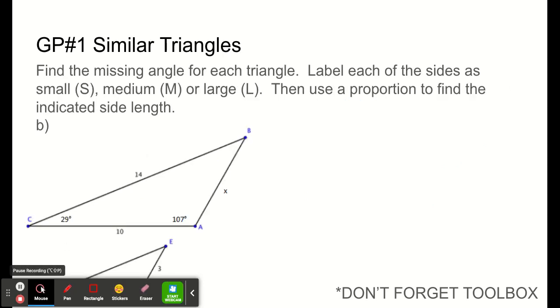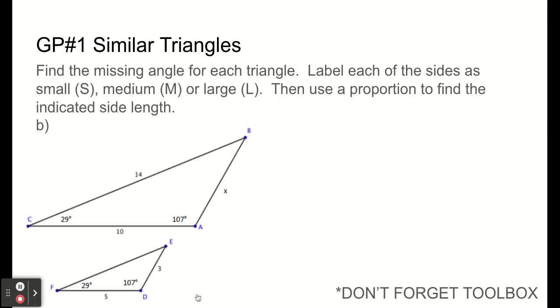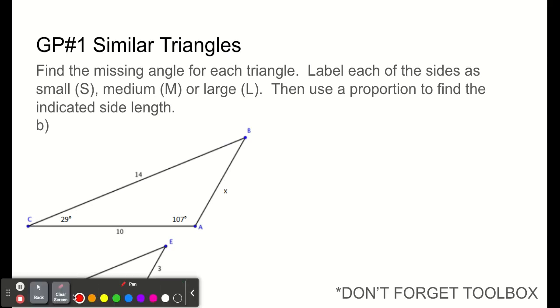Okay, so for GP number 2, we're going to do the same thing we did in GP number 1. So we're going to start by finding the missing angle of the triangle.